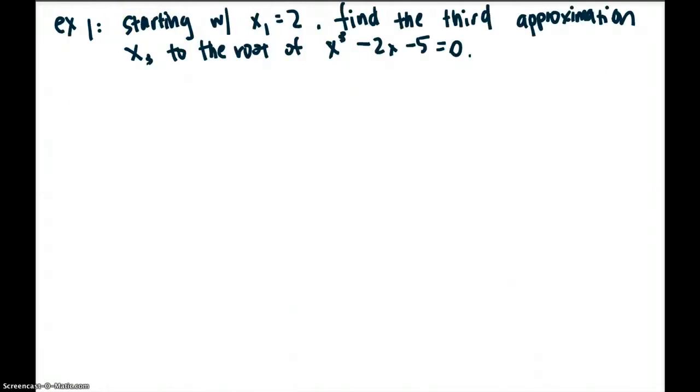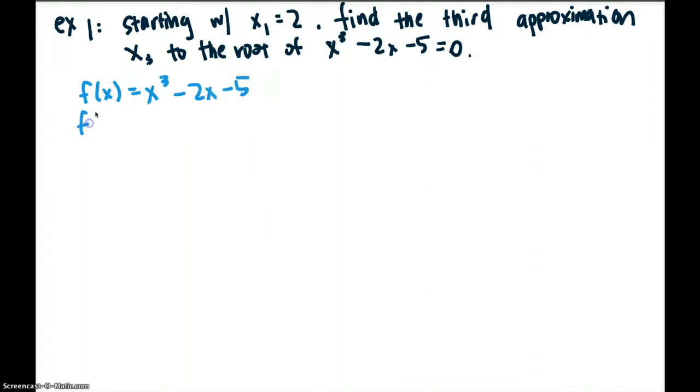This example, starting with x sub 1 equal to 2, so I'm going to make that my first guess. Find the third approximation, x sub 3, to the root of this equation here. Now the very first thing we have to do is figure out what the function is. Well, I'm looking for when the output is 0, so the function is just going to be this equation here.